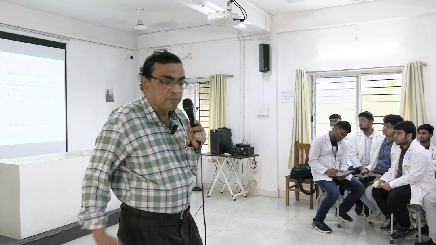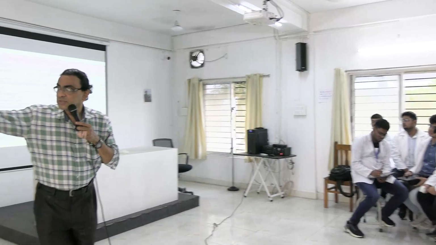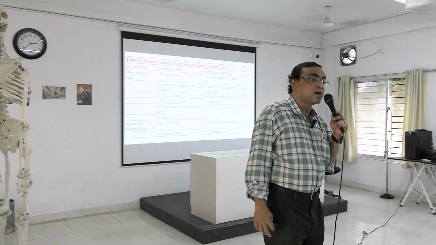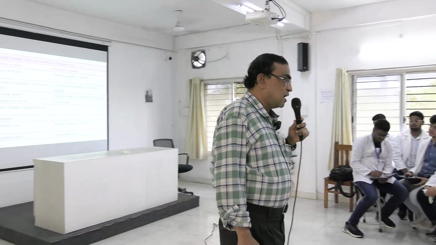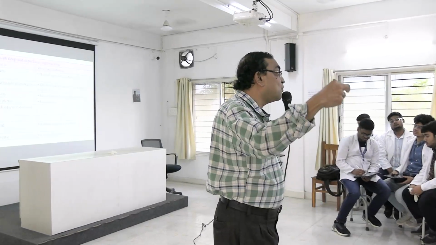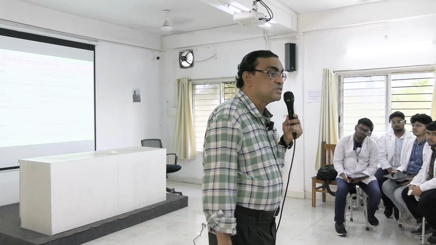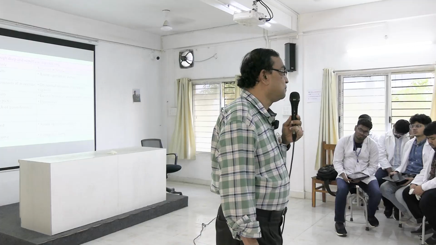It is coming from the abdomen. We know there is a sympathetic chain, so it will go as the sympathetic plexus for the testis. And we will get another important constituent, the testicular artery.